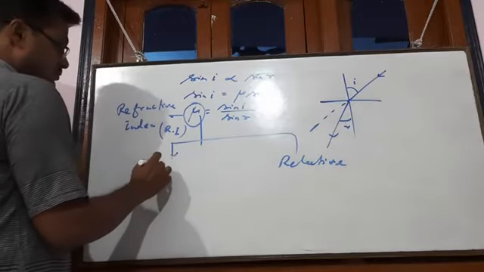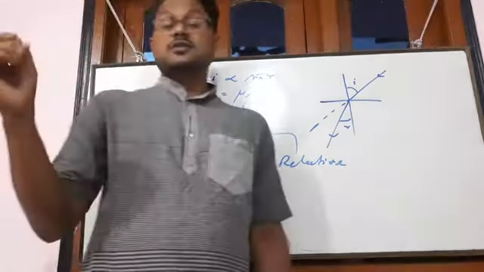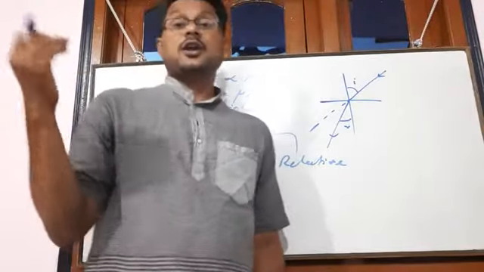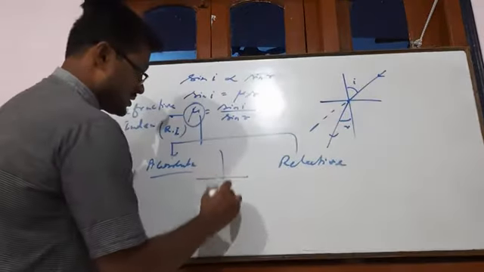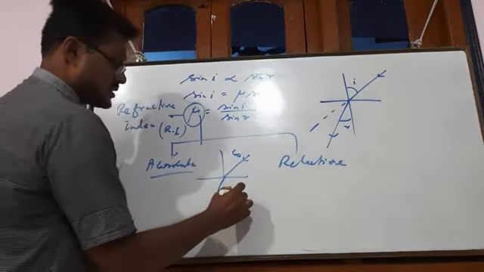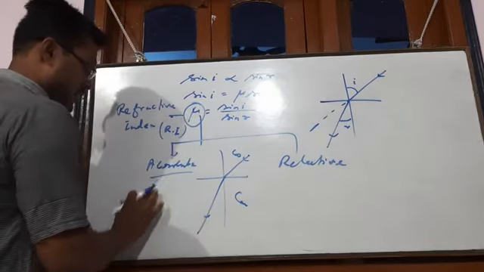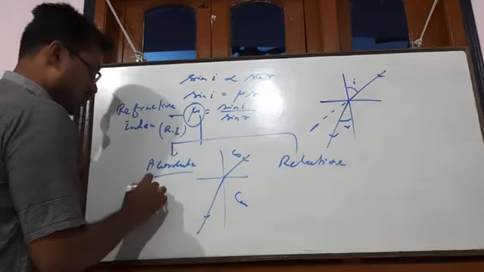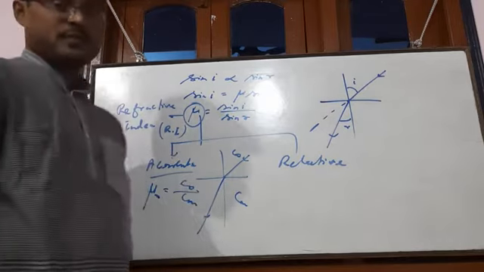Absolute means, when light travels from vacuum to any optical medium, then we find the absolute one. This is the vacuum, its speed is C0, and it enters here. This is the medium with speed C. So we can write the absolute RI, mu m, equals speed of light in vacuum by speed of light in medium.